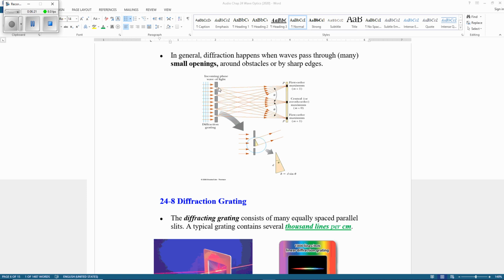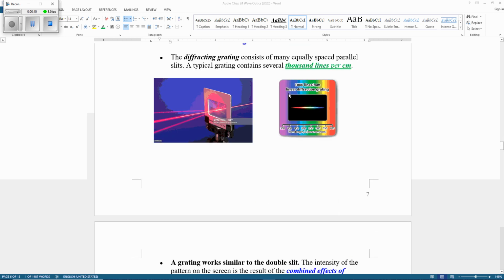The distance from the first slit to the last one is much smaller compared to the distance from the grating to the screen. That's very important. Very important.